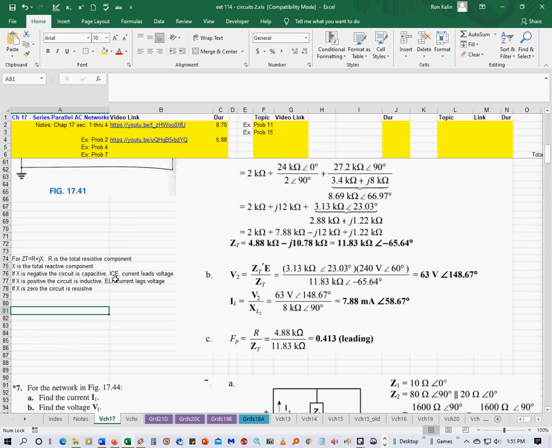Capacitive is the C, and I comes before E, so the current leads voltage. If X is positive, the circuit is inductive, ELI. The L is the inductor, and E comes before I, so the current lags the voltage. And if X is 0, the circuit is resistive.